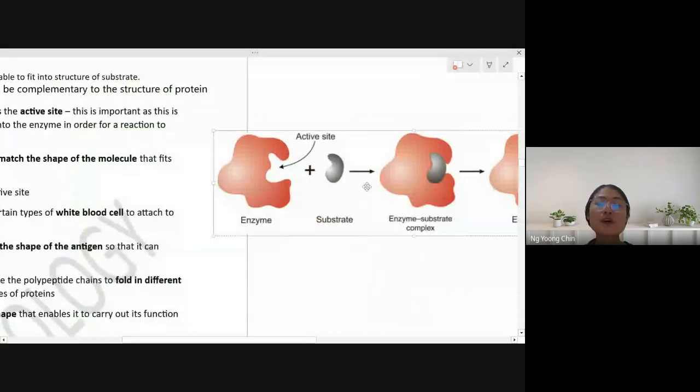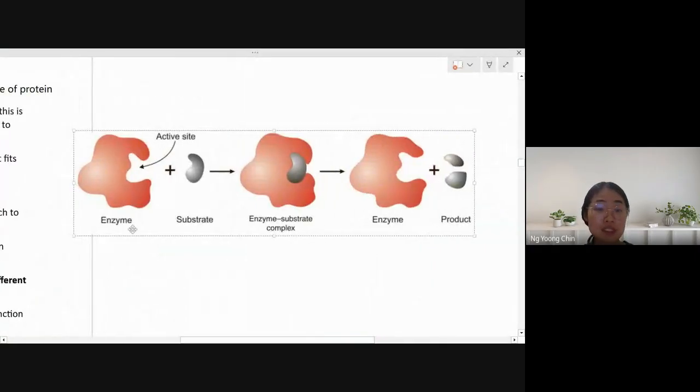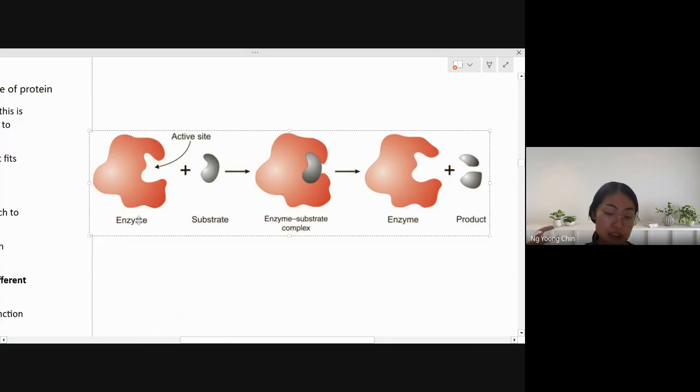Yeah, this is an example of the enzyme substrate. In your life, you can see a lot of enzymes. For example, the biological detergents that your mother is using also contain a lot of enzymes. Enzymes help to increase the rate of chemical reactions.